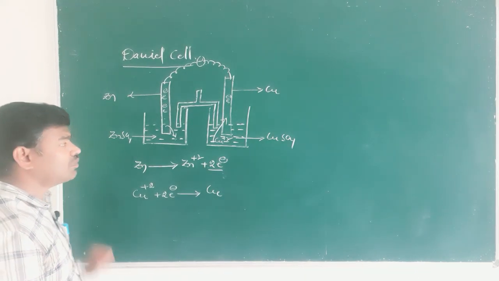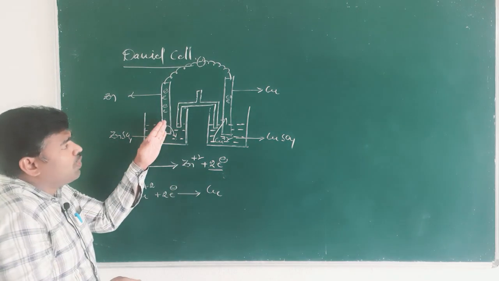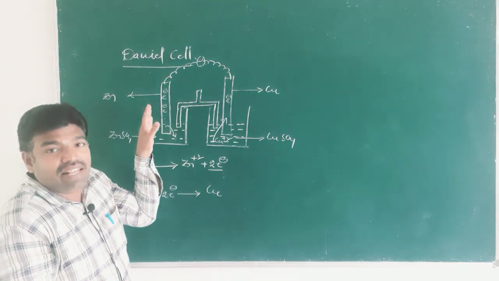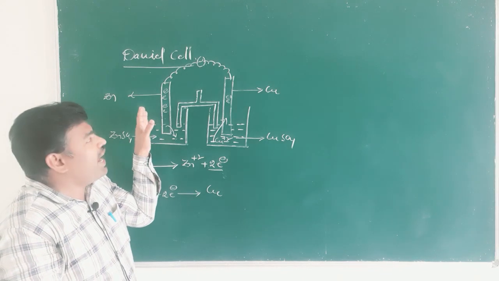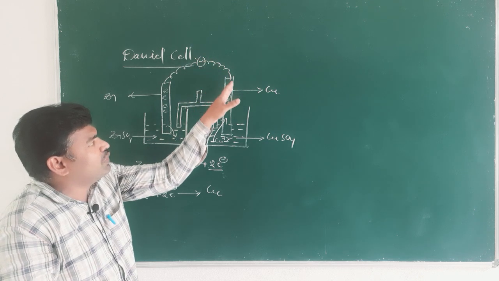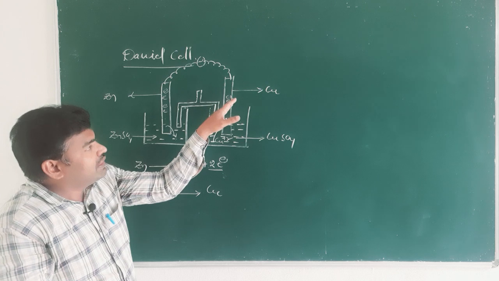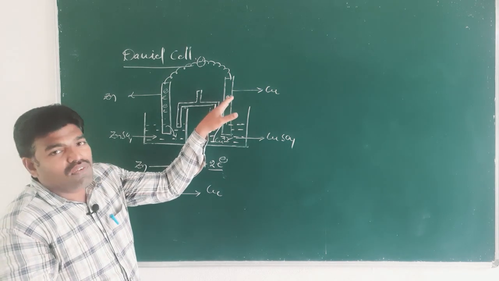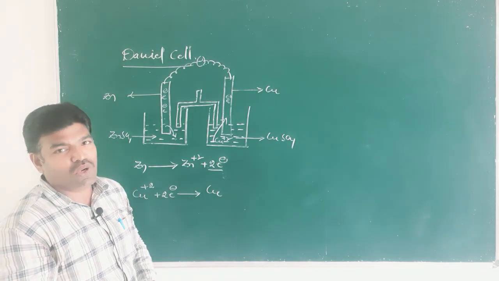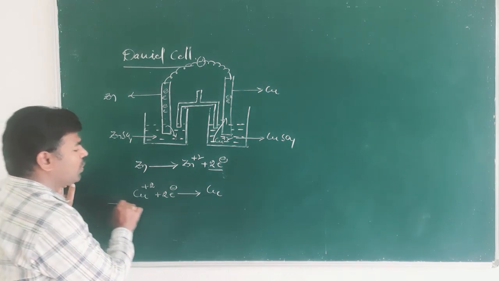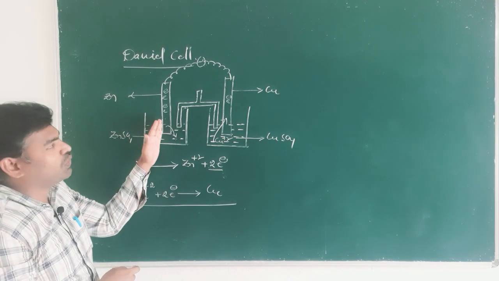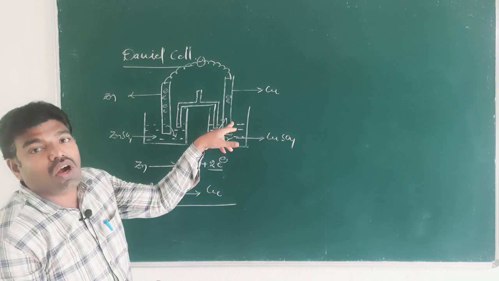Right. So, electrons flow from left to right, that is, electrons are generated at the zinc electrode, flow to the ammeter and thereby enter into the copper rod, where, due to the availability of electrons, Cu+2 ions undergo reduction. Electrons are generated at the zinc electrode and consumed at the copper electrode.